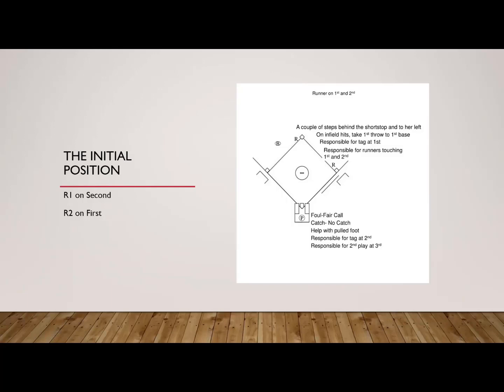I, as the base umpire, will be on the left side of the shortstop, 4 or 5 feet behind her. I think this year, if every base umpire in the state of Ohio really thinks about where they are in relation to the shortstop or the second base person, are we on the left side?